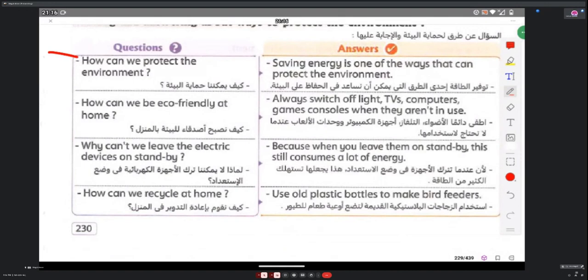Always switch off lights, TVs, computers, game consoles when they aren't in use. Why can't we leave the electric devices on standby? Because when you leave them on standby, they still consume a lot of energy. How can we recycle at home? Use old plastic bottles to make bird feeders.